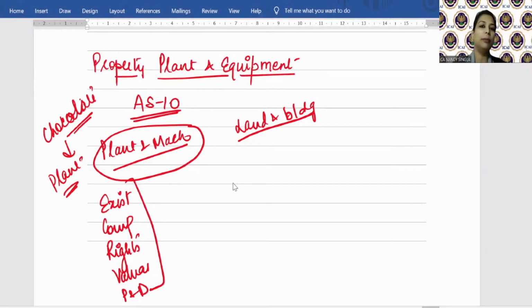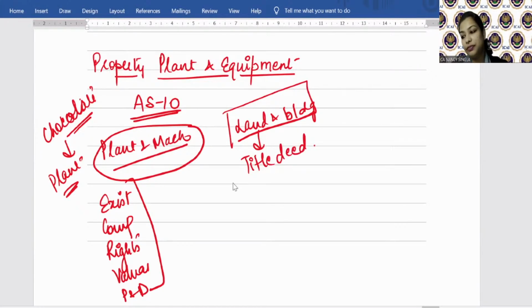So common documents, quickly tell me what all documents come to your mind? Okay, Jyoti Singh, title deed, absolutely correct, but this is with respect to your land and building. In the case of plant and machinery, furniture and fittings, what will be the corresponding document?